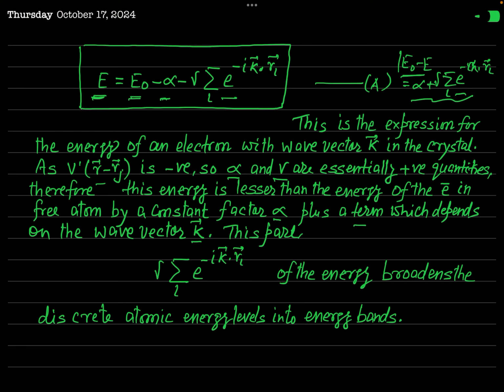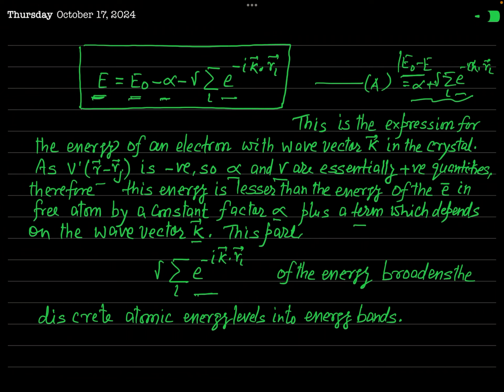Actually, this part of the energy, that is gamma times the summation over L of e to the power minus i k dot R_L, this term is responsible for the broadening of the atomic energy level.